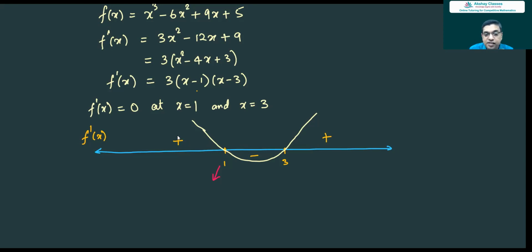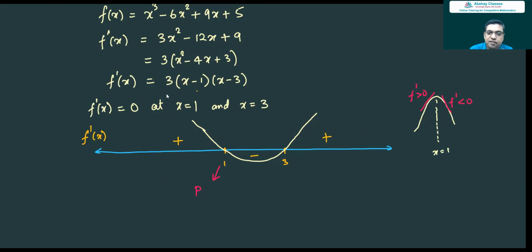So f dash x is changing from positive to negative when you move across x equal to 1 in the real graph of f of x. That can happen only when this is the point of maximum.